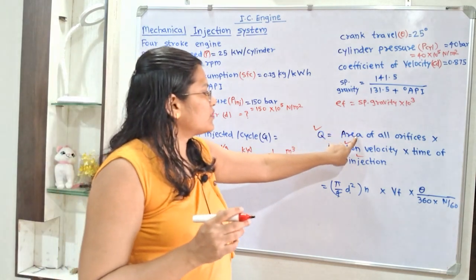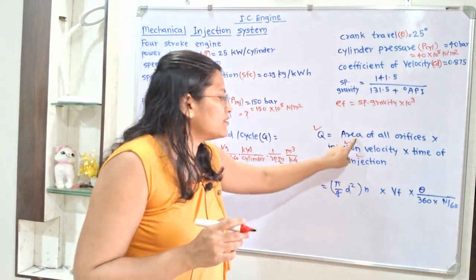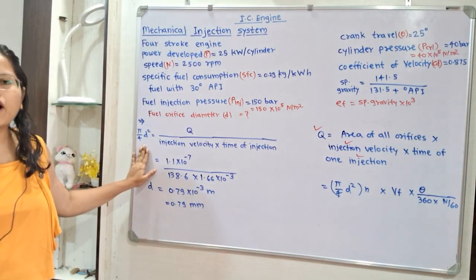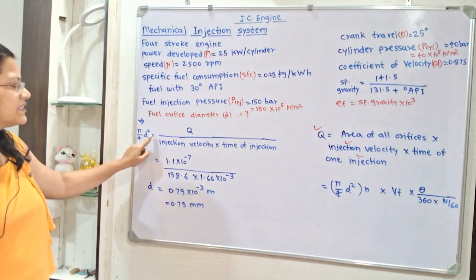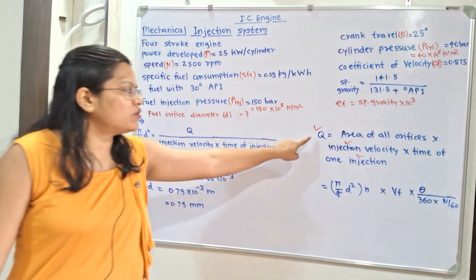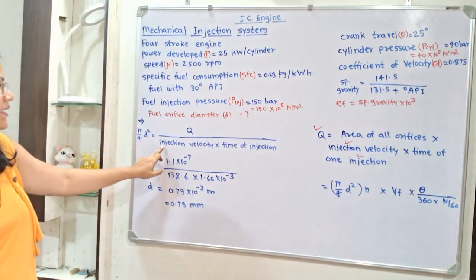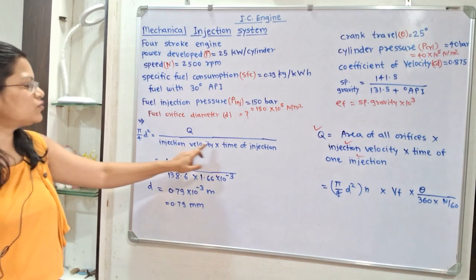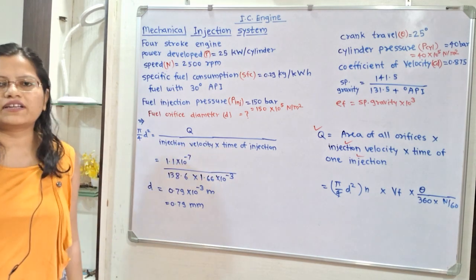So it is easy for us to calculate this diameter d. Now we will take this area of orifice pi by 4 d square is equal to this Q, that is the volume of fuel injected, divided by injection velocity multiplied by time of injection. So these two parameters we have calculated earlier.